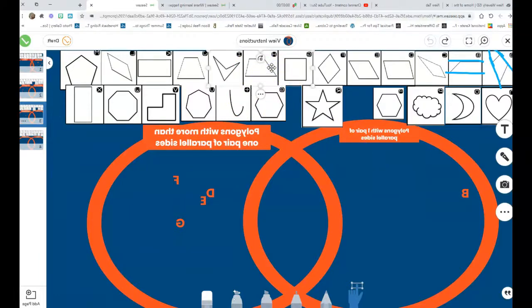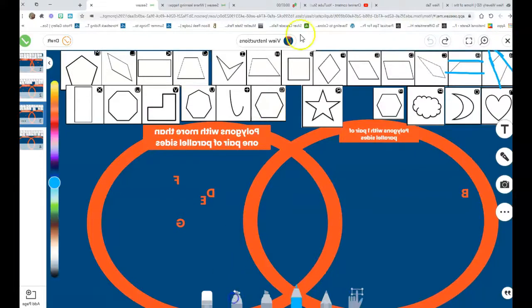H, do you see any parallel sides? Right there. One pair. Good. I see right here is parallel to the bottom. Okay, so it would go over here. That is H. I. So this side is opposite from, it's kind of hard to tell.